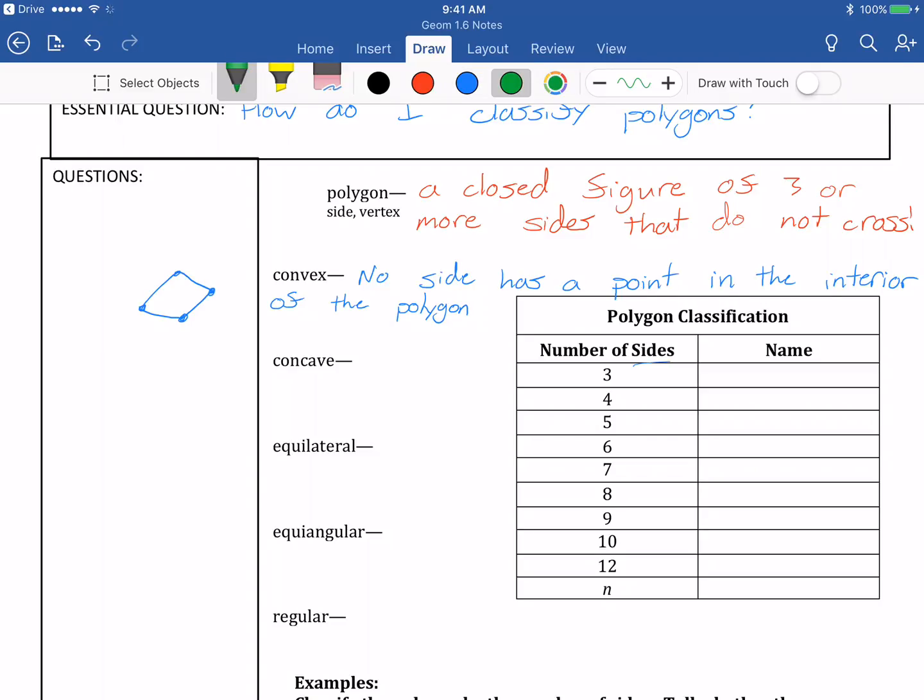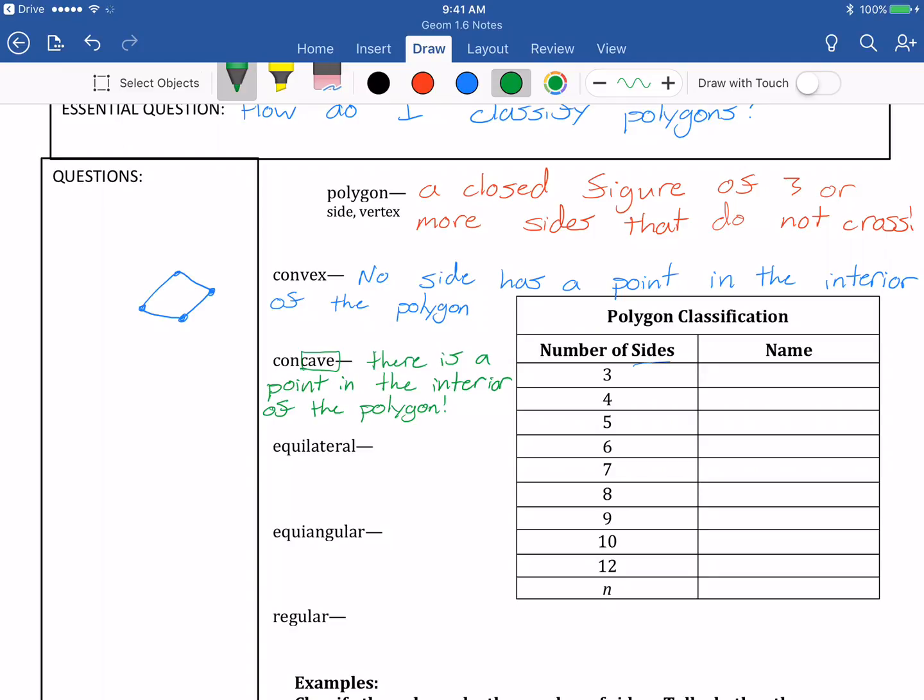All right, so now if we look at concave, that's kind of just the opposite. It says there is a point in the interior of the polygon. That means that this polygon has a cave in it.